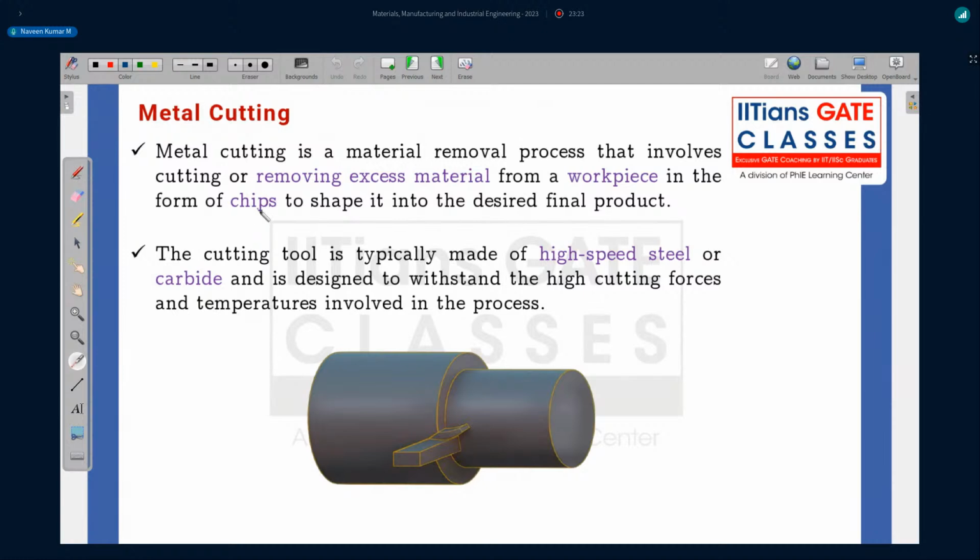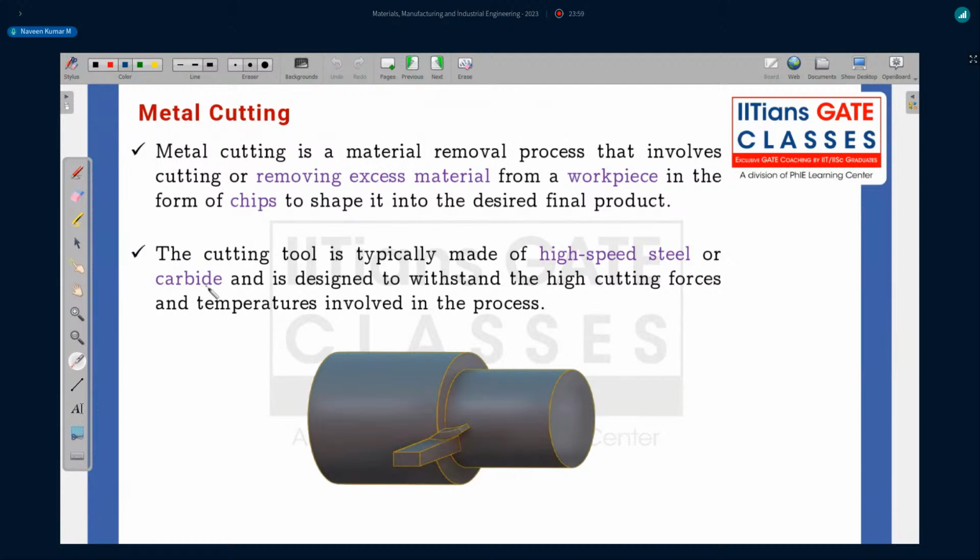Good. Next. The cutting tool is typically of high speed steel, HSS, or a carbide. Why carbide? Carbides generally have high strength and hardness. Carbides are materials which have a good amount of carbon in them, and generally they are very strong in nature. Let's say diamond, or some tungsten carbides.